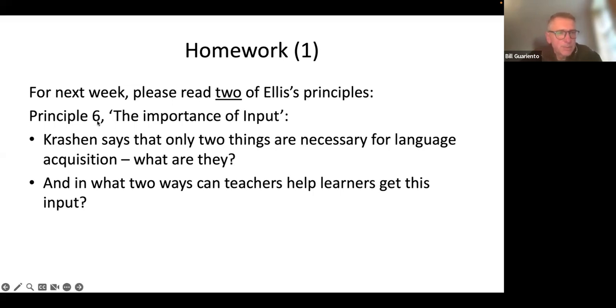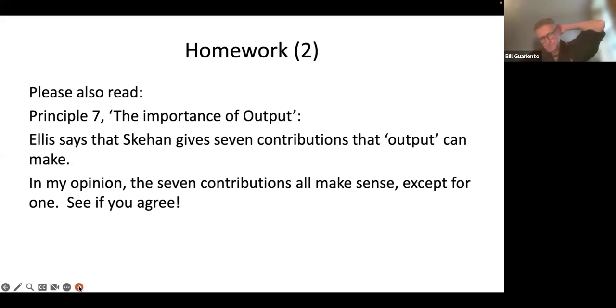Number 1 is principle 6, the importance of input. And you have 2 questions to answer. First, Krashen says that only 2 things are necessary for language acquisition. What are they? Second, in what 2 ways can teachers help learners get this input? So that's your first reading, principle 6.